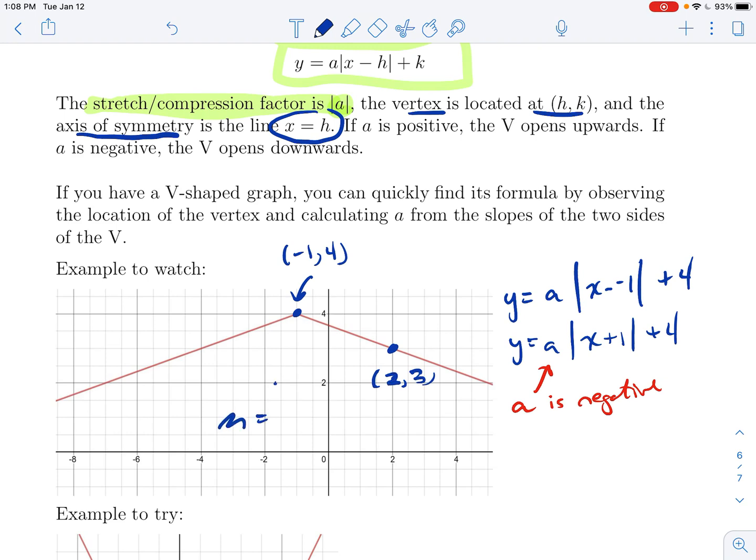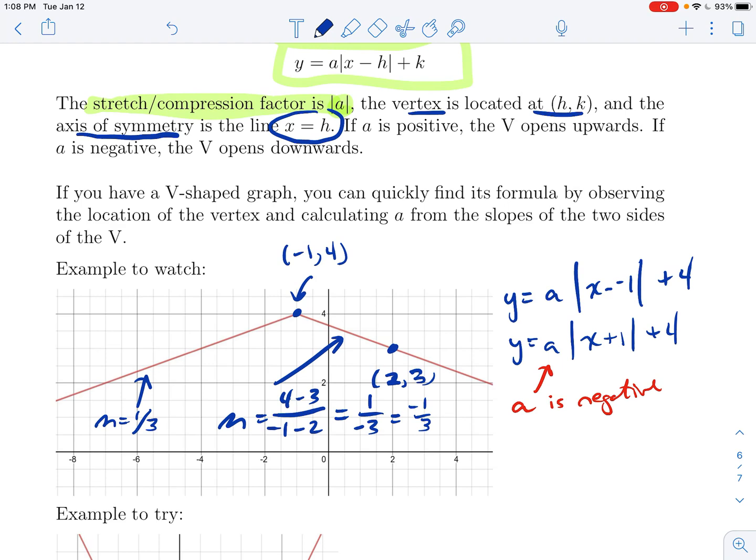So if I wanted to find the slope of that side, it's the change in y over the change in x, which would be 1 over -3 or -1/3. By symmetry, the slope over here would be 1/3. So this is less steep. It's less steep by a factor of 1/3.